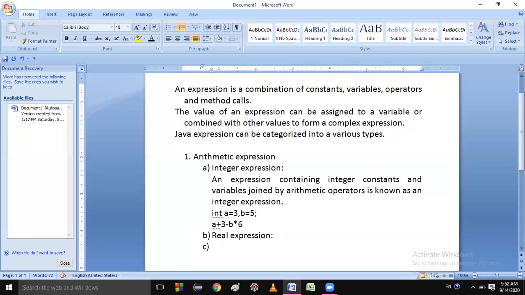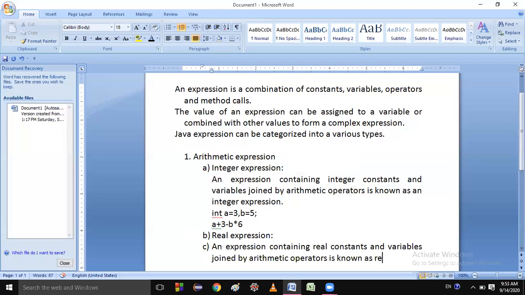An expression containing real constants and variables joined by arithmetic operators is known as a real expression.